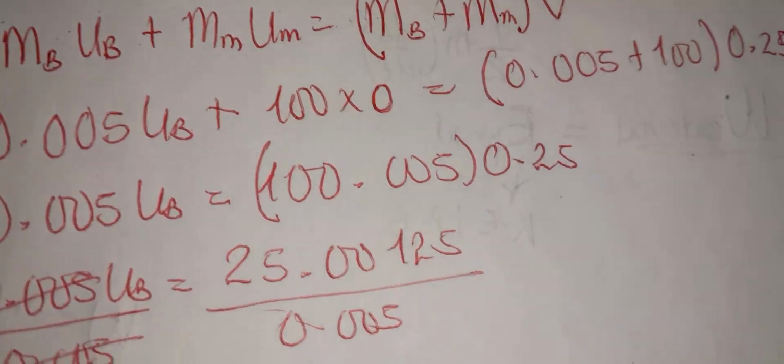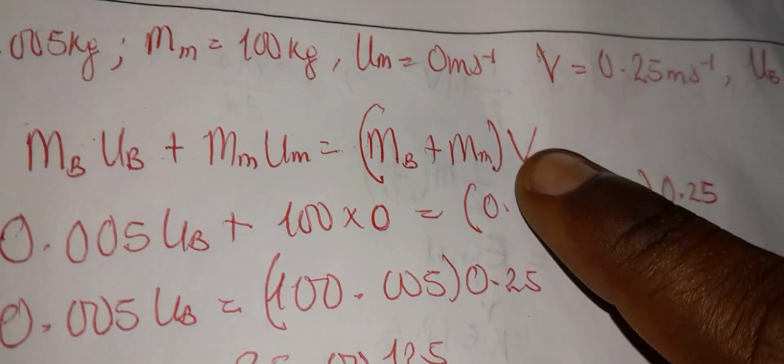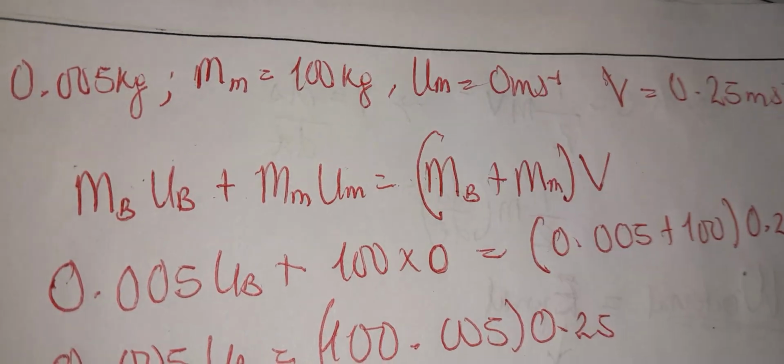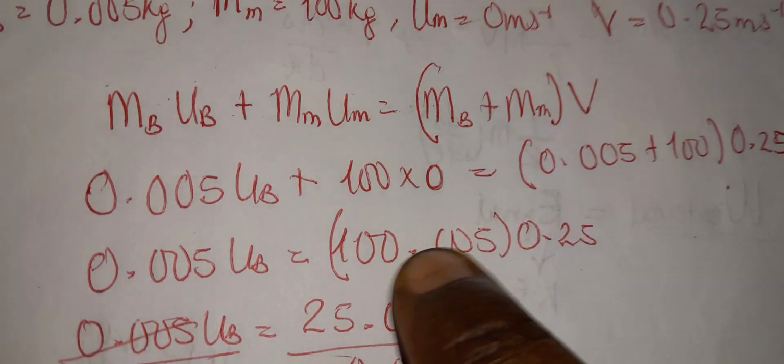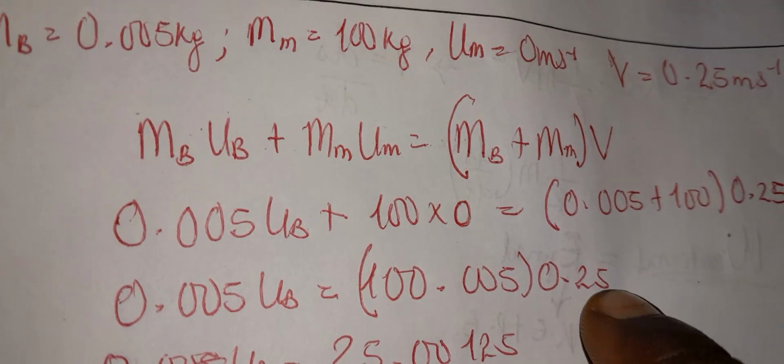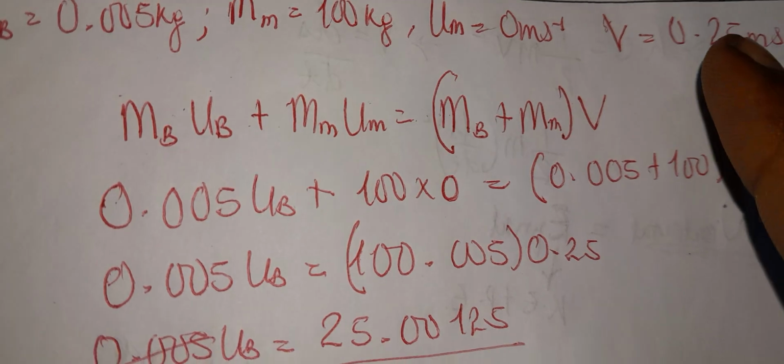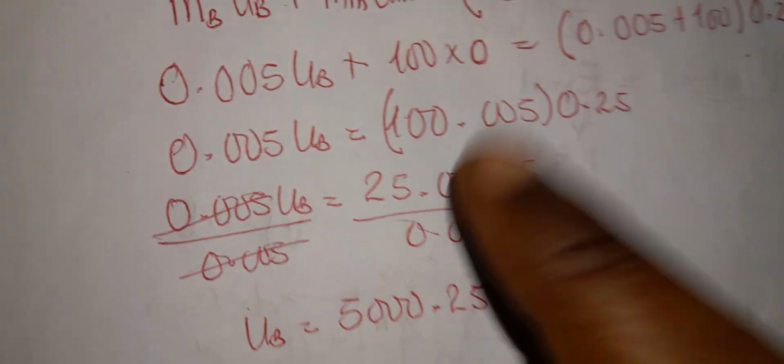And since they stick together, they share the same velocity after collision. So this plus this actually arrived at this times 0.25, which is the velocity after collision, gave us this.